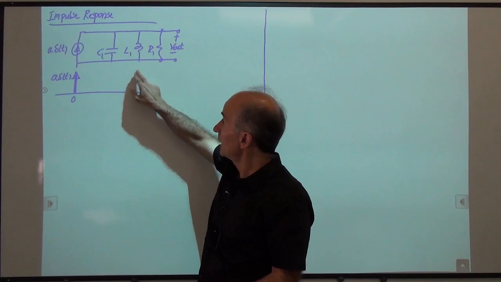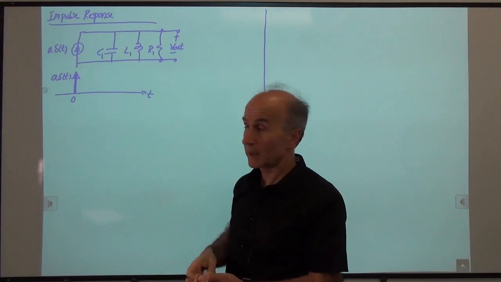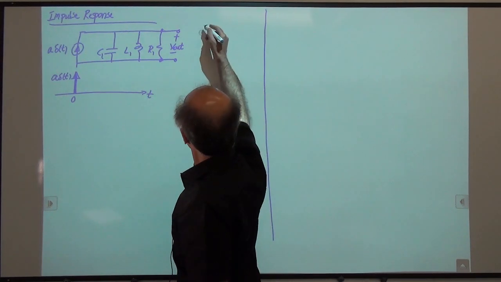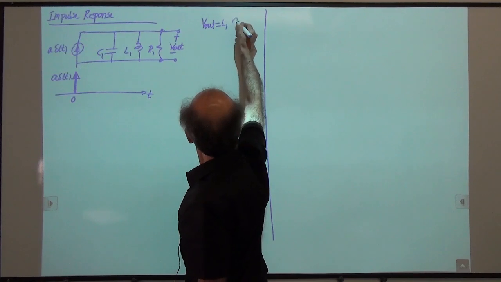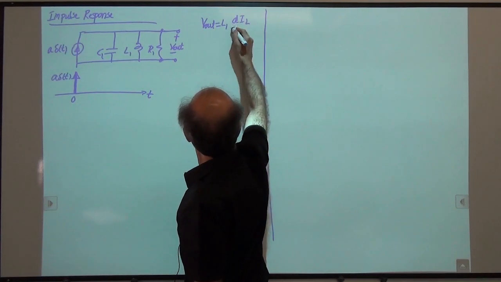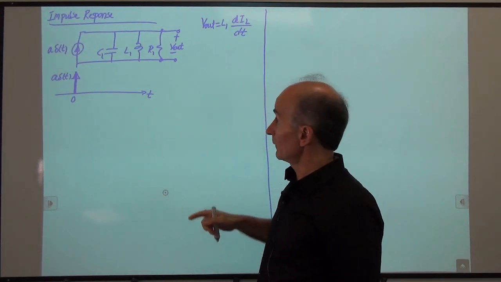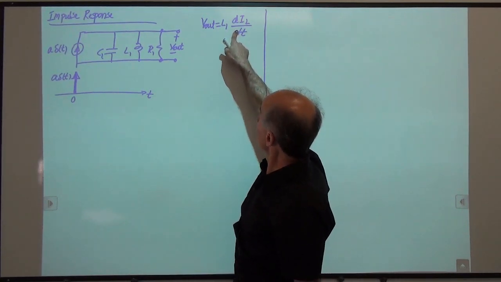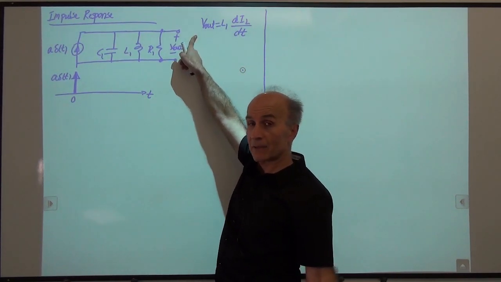All right. Can this impulse of current flow through the inductor? No, because the inductor says, I would like to satisfy this condition, right? So dIL over dt. So if the impulse of current goes through this, we have the derivative of the impulse as the voltage. And that's not possible.